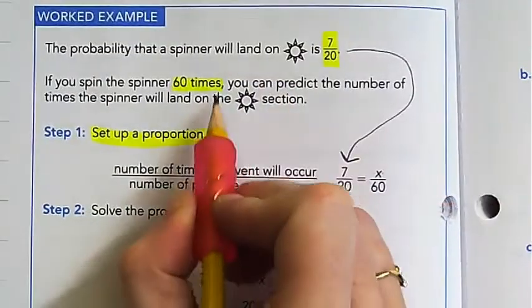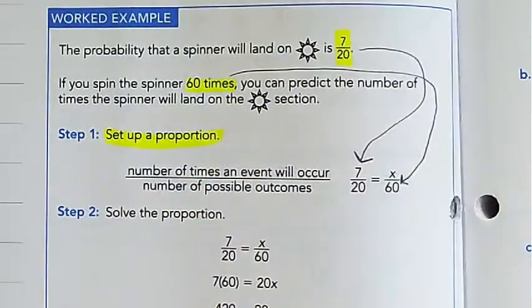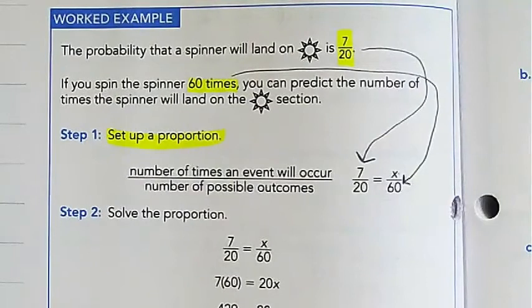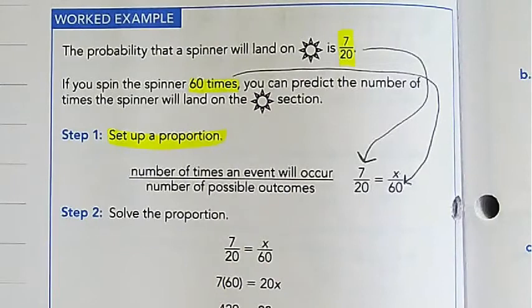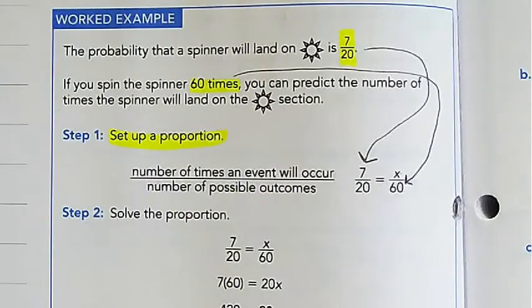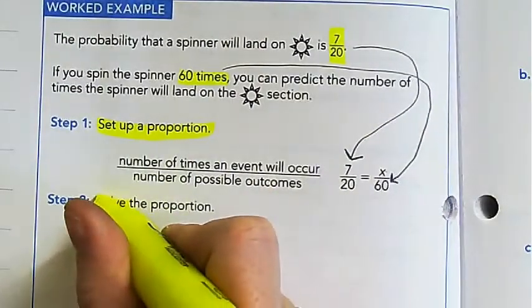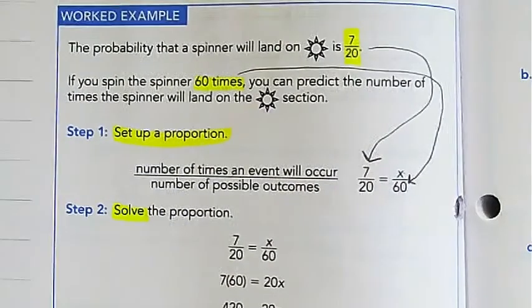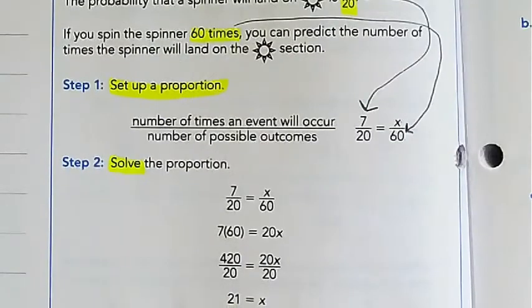So that 60 is the denominator. Once we have the proportions set up, we solve it, and we'll have our answer. Well, we'll have our prediction.